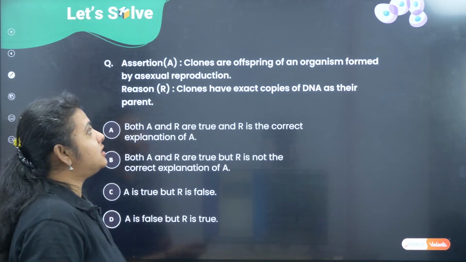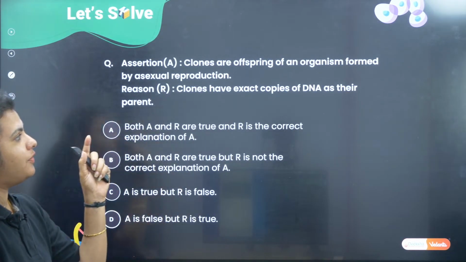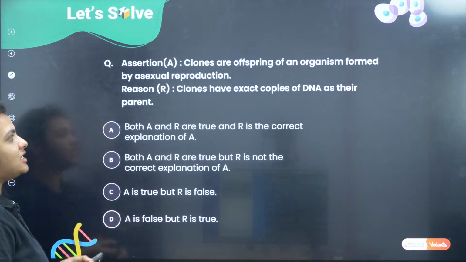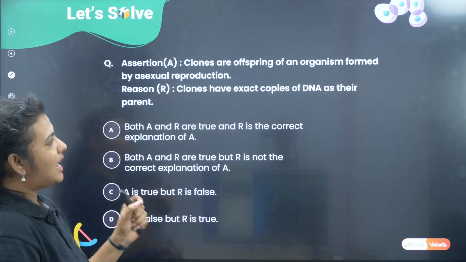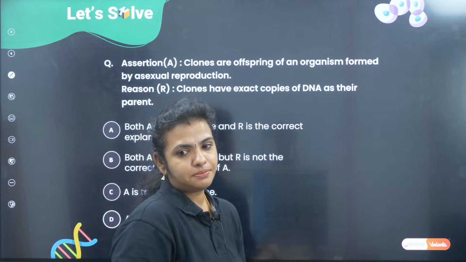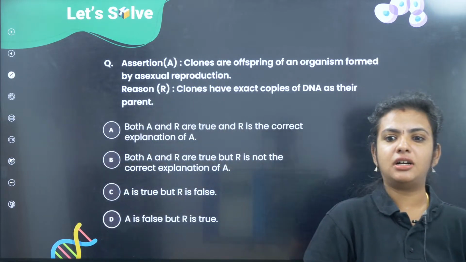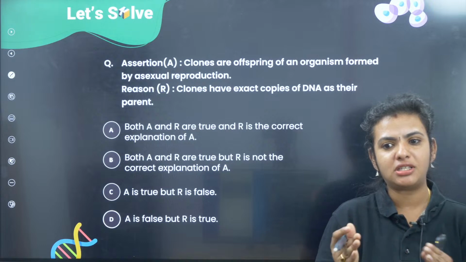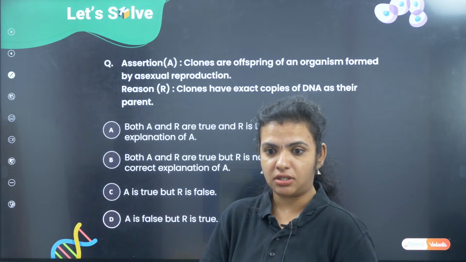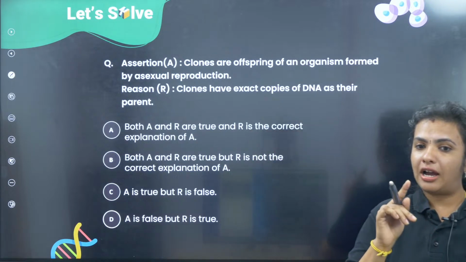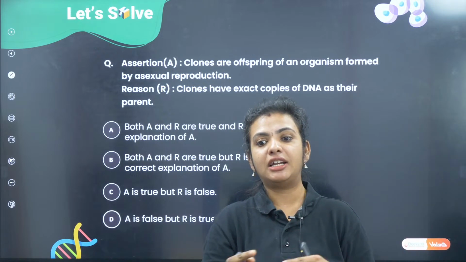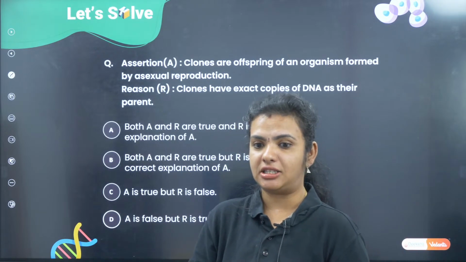Okay. So, assertion says clones are offsprings of an organism formed by asexual reproduction. Reason says clones have exact copies of DNA as their parent. Okay. So, what is the answer for this question? I think students are getting confused with assertion and reason type questions. All you have to know is just correlate, is there any connection between assertion and reason. Okay.